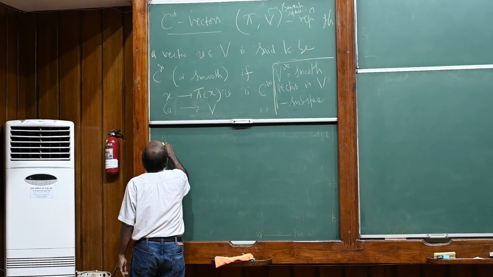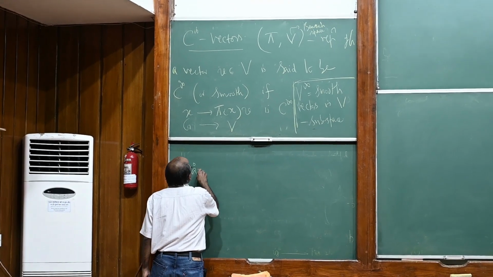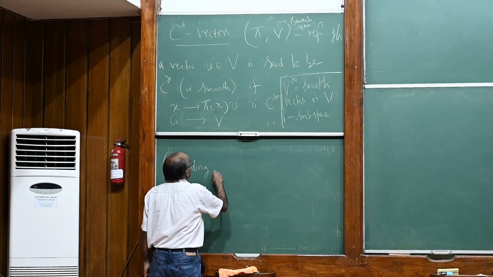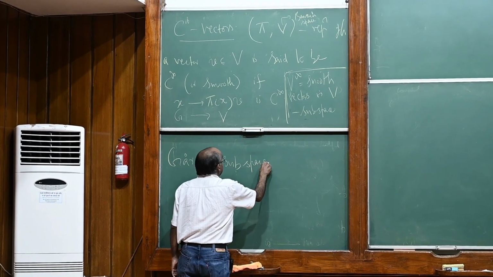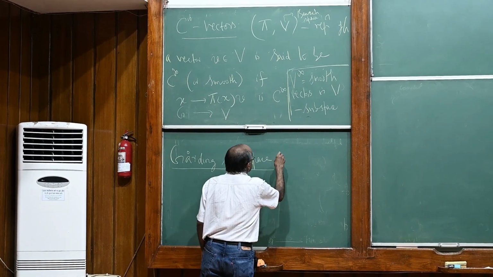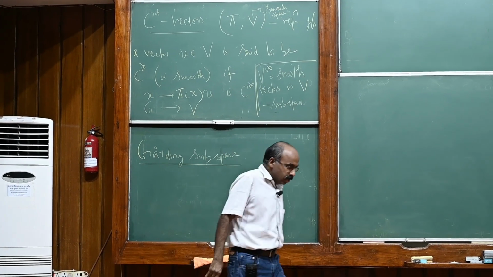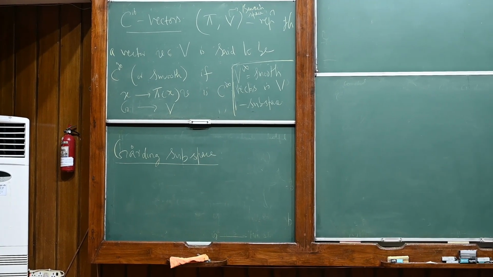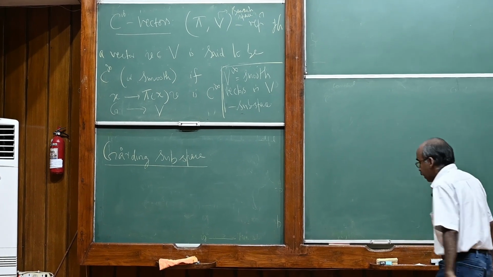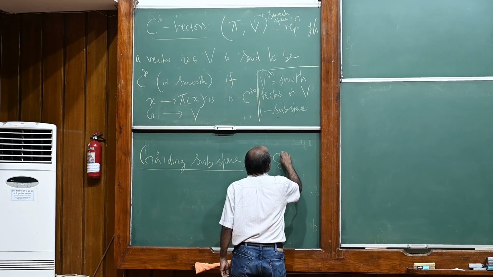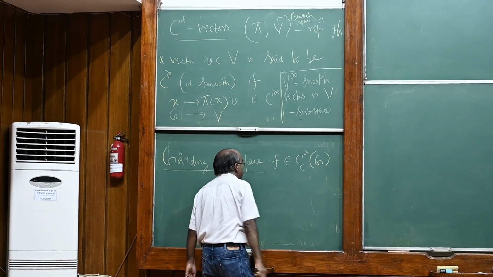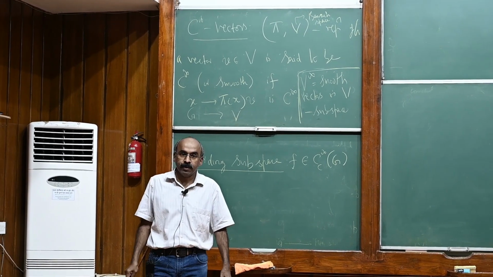This is called the Gårding space. Gårding subspace. How does one construct this? So remember the pi of f we defined yesterday. I take a function in C_c infinity, so a smooth function with compact support.